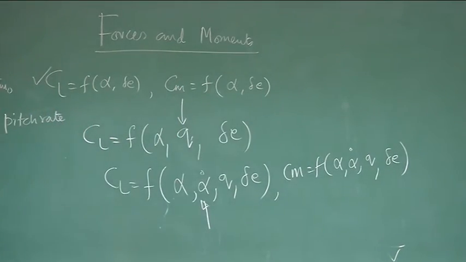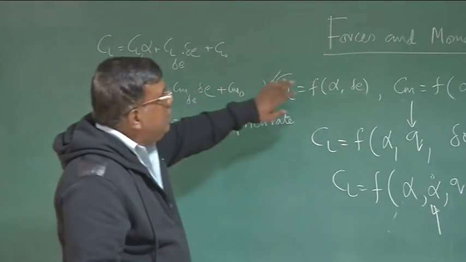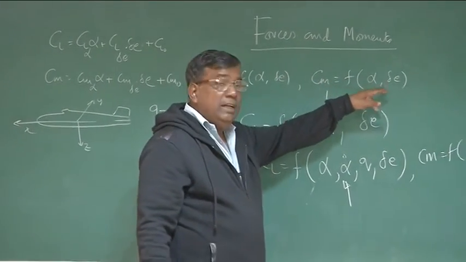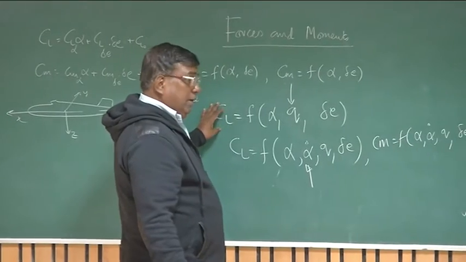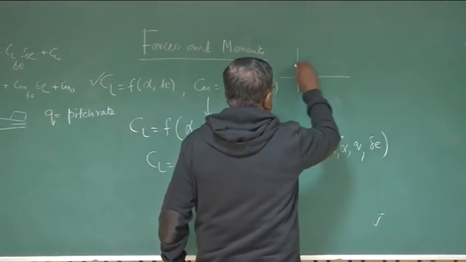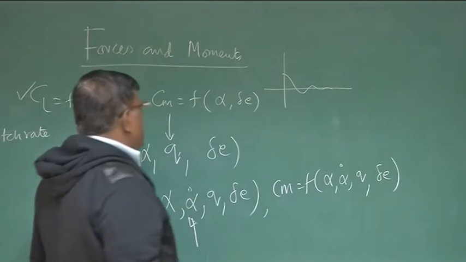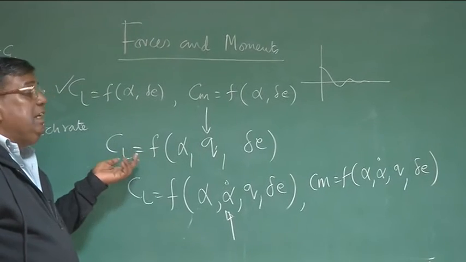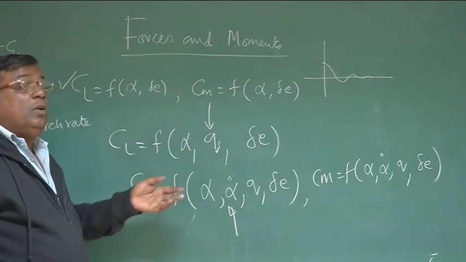Now see, from the static case, it was just a function of alpha and delta E. Similarly, Cm was a function of alpha and delta E. But the moment we are talking about the dynamic case, allowing the oscillations, something like this, there is a q, pitch rate. So we are saying the Cl also will be a function of q, not only alpha.